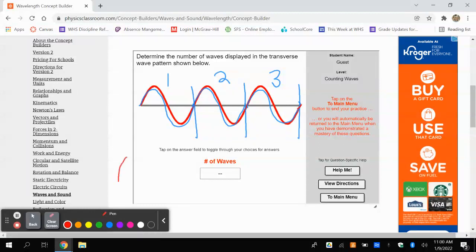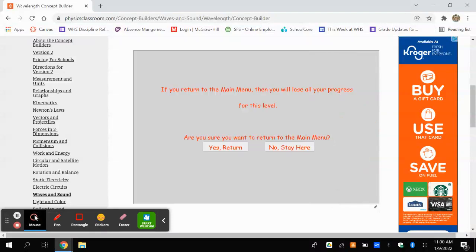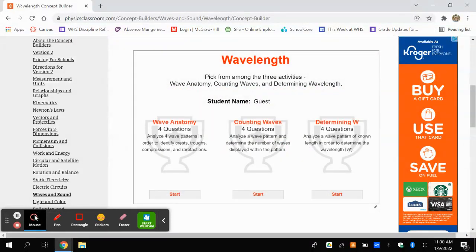A wave looks like this. It has a crest and a trough in it. Or it could go trough, crest. It depends on what your wave starts on. Okay, let me clear my screen. We're going to go back to looking at how to do the third trophy then.